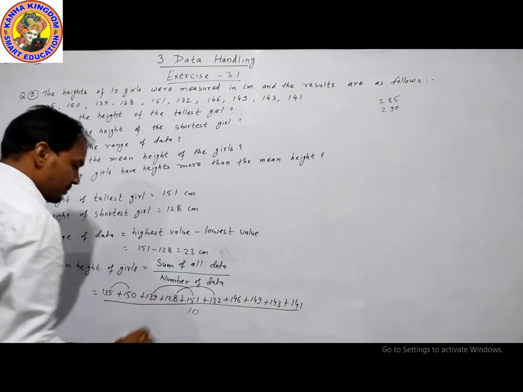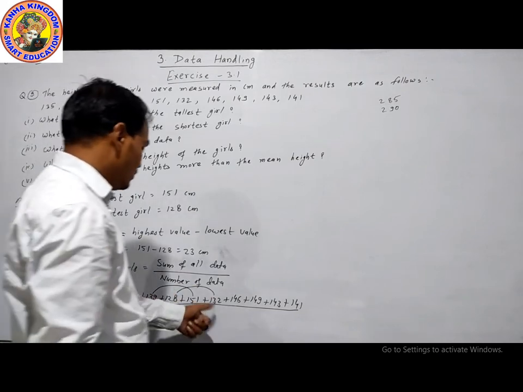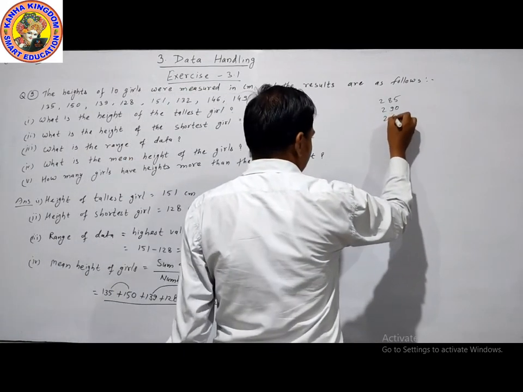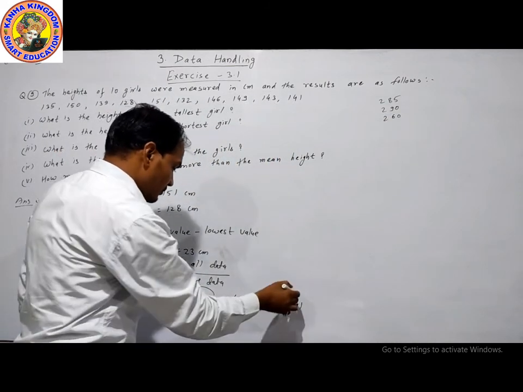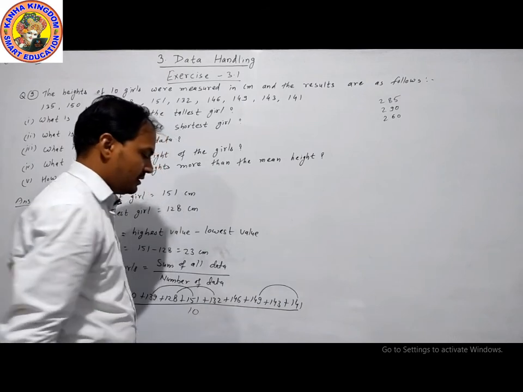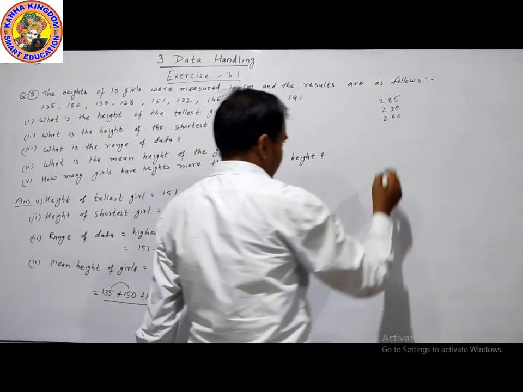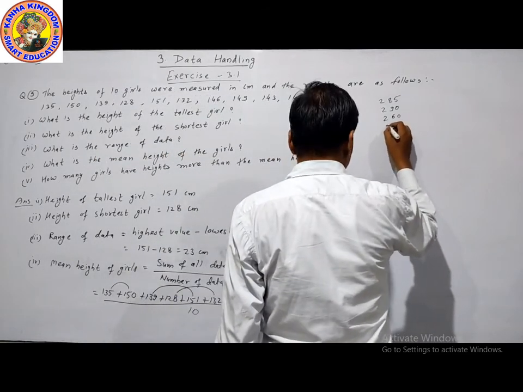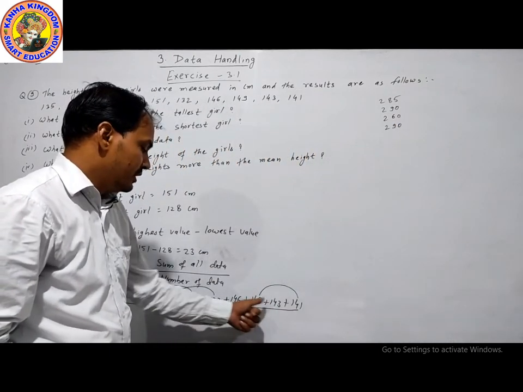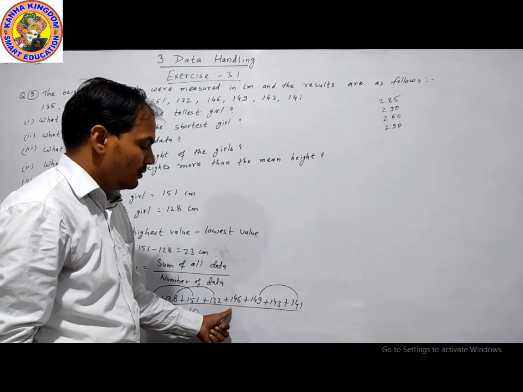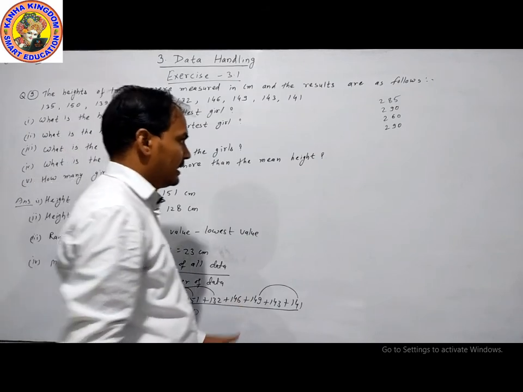Now taking these both, 260. Now taking these, 290. Taking these, 289.